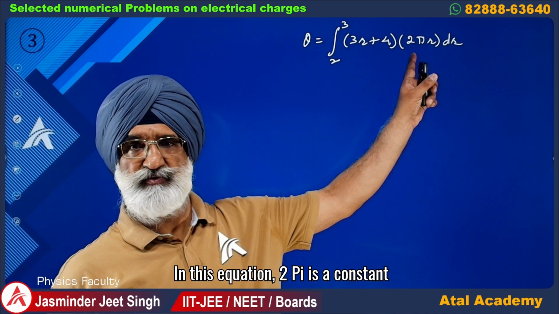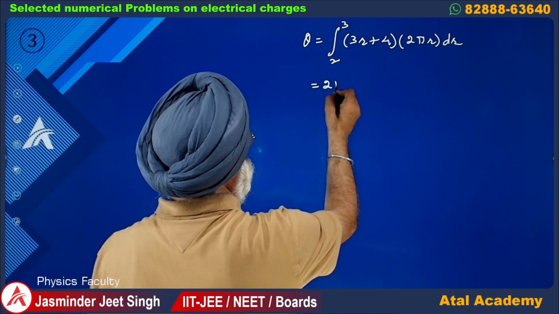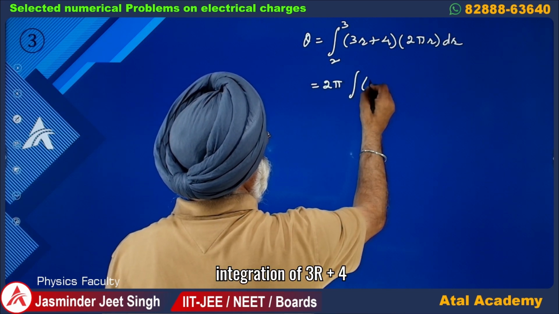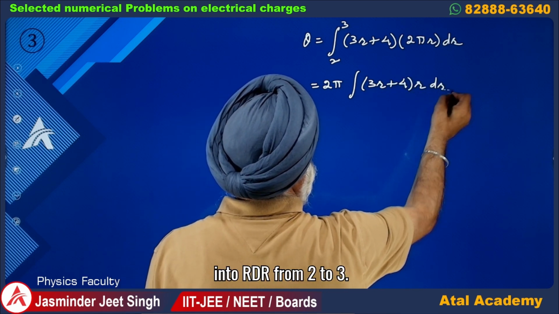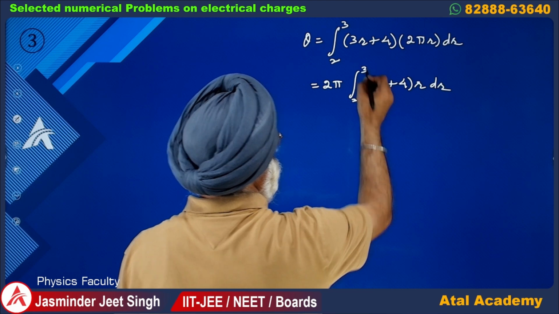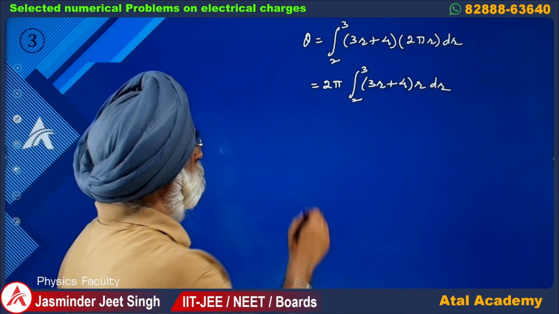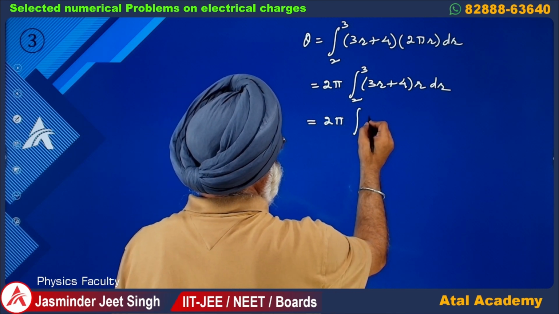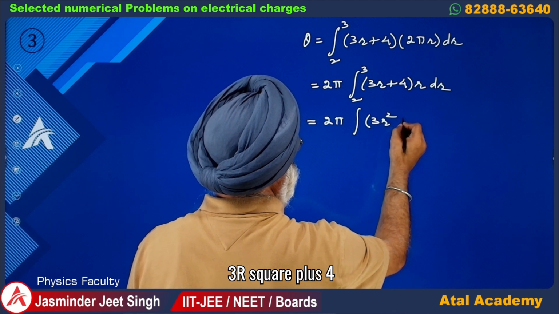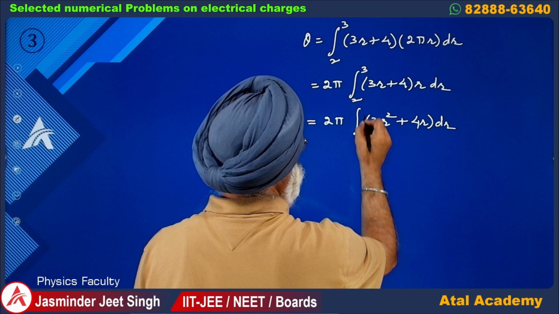In this equation, 2 pi is a constant term. We can take it outside. Integration of 3r plus 4 into r dr from 2 to 3. We can multiply r inside. We will be getting 2 pi integration of 3r square plus 4r dr from 2 to 3.